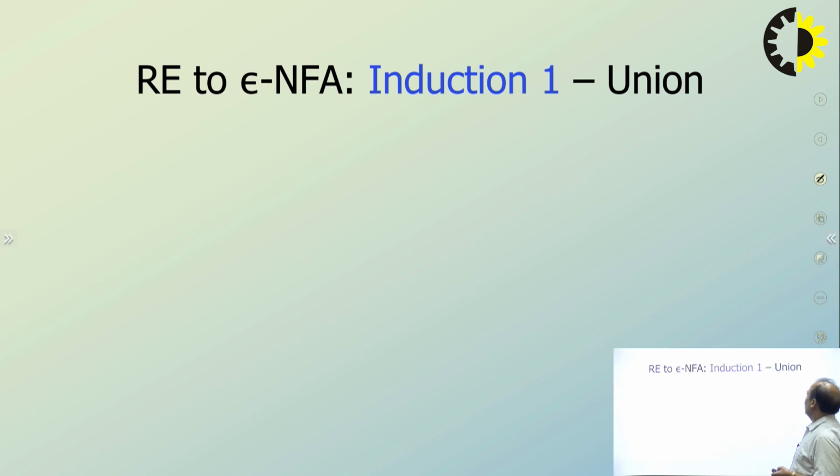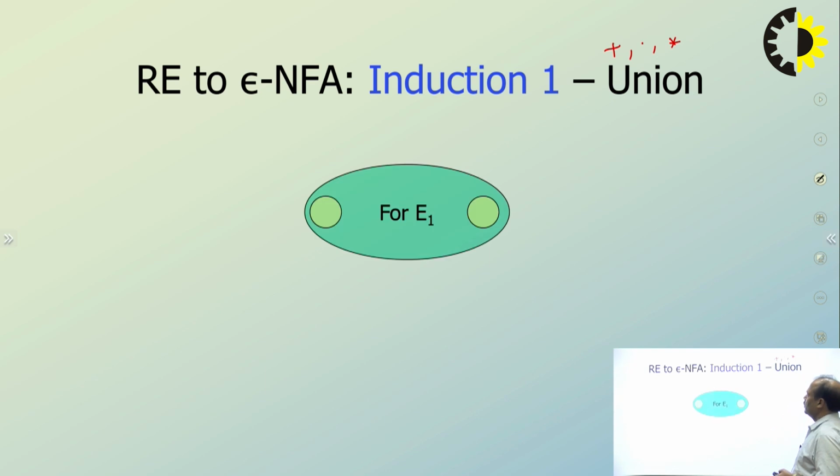After discussing the basis, we will talk about union, then dot, and then star closure. It's very simple. If we are talking about E1 union E2, we assume that there is a machine for E1 and a machine for E2.